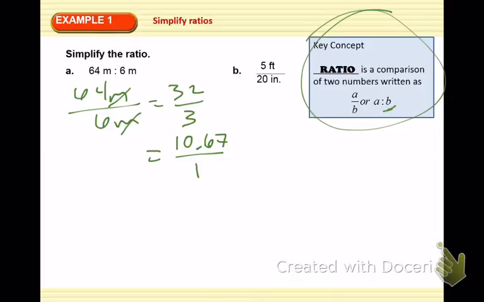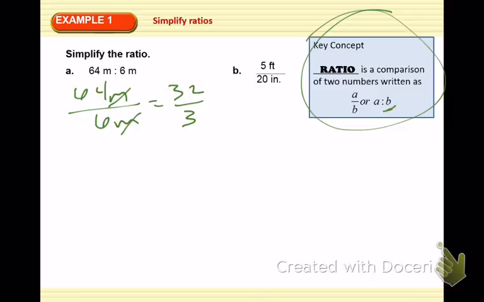Because now what this would tell us is that 64 meters is 10.67 times longer than 6 meters. And that has a little bit more meaning. But very often we'll just reduce our ratio as far down as we can using common factors and leave it at that.